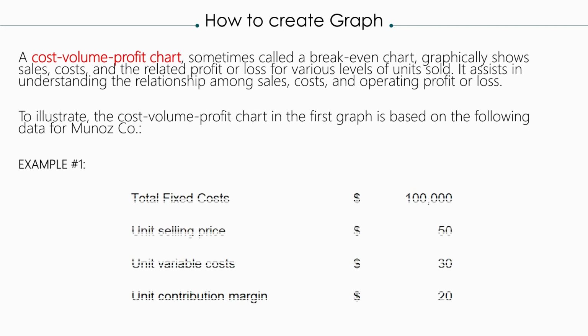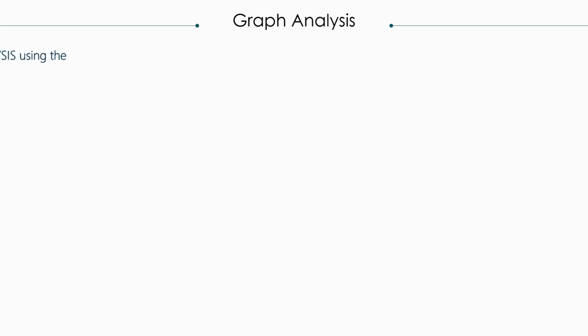So in this example, total fixed cost is 100,000, unit selling price is 50, unit variable cost is 30, and unit contribution margin is 20. So by using this data, we'll get the break-even point analysis using the graph.